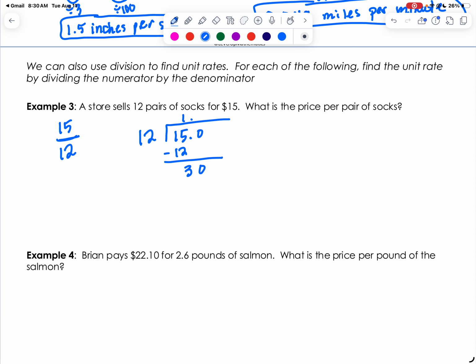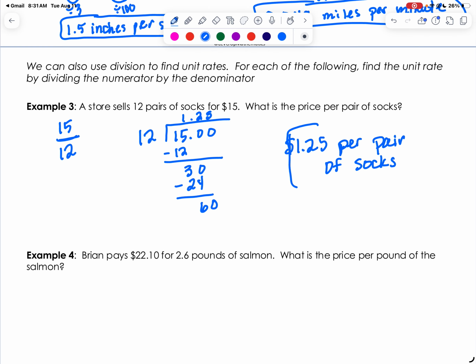Put my decimal. 12 goes into 30 2 times. That would be 24. Subtract. Bring down. Add another 0 here. 12 goes into 60 5 times. So this would be $1.25 per pair of socks.